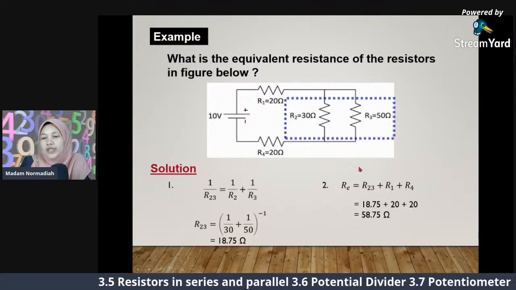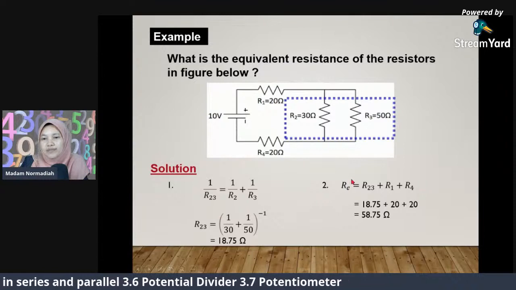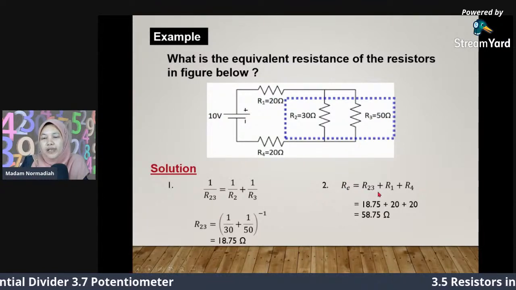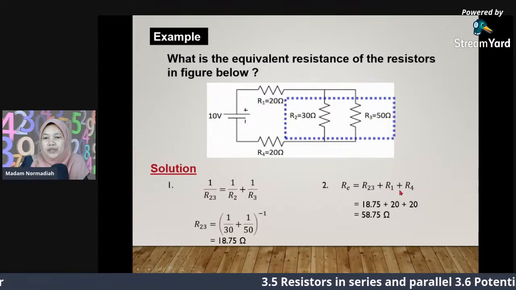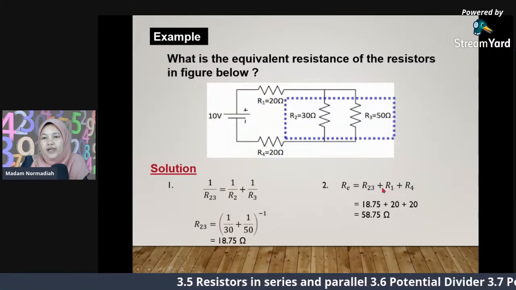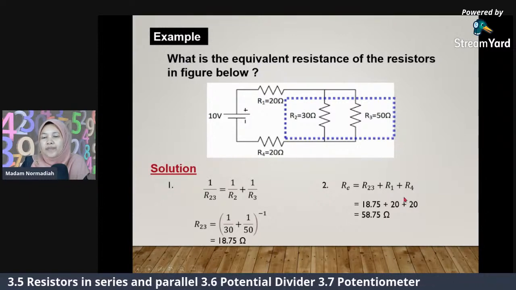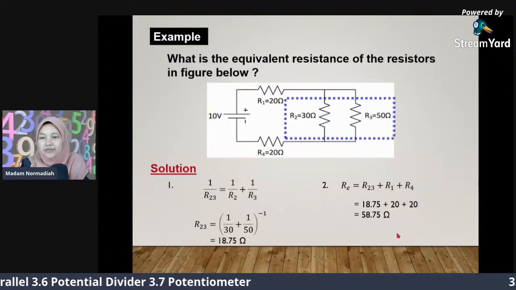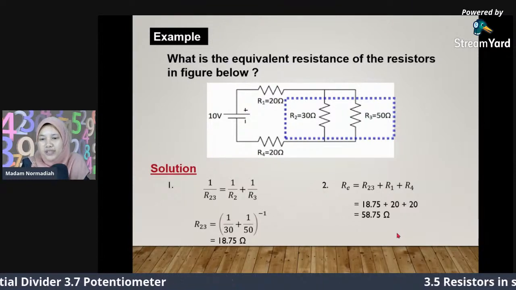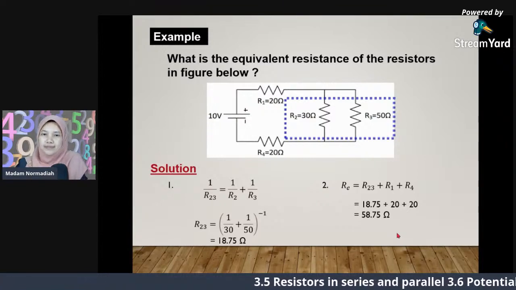So we use the formula for series arrangement, which is R23 plus R1 plus R4. You substitute the values for R23, R1 and R4, and then we get the final answer with the unit, which is 58.75 ohm.